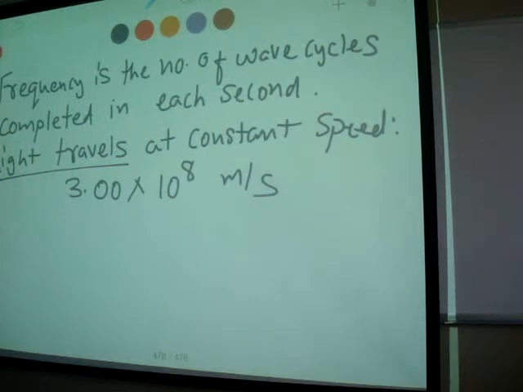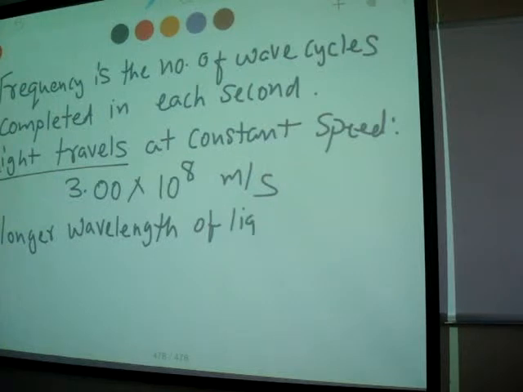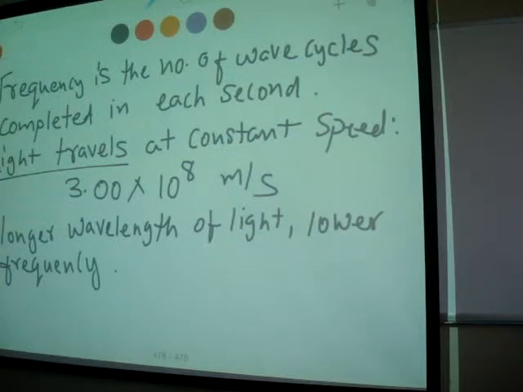So let's say if we have a longer wavelength of light, which lowers frequency. So we'll draw it in the next slide and we'll find out.